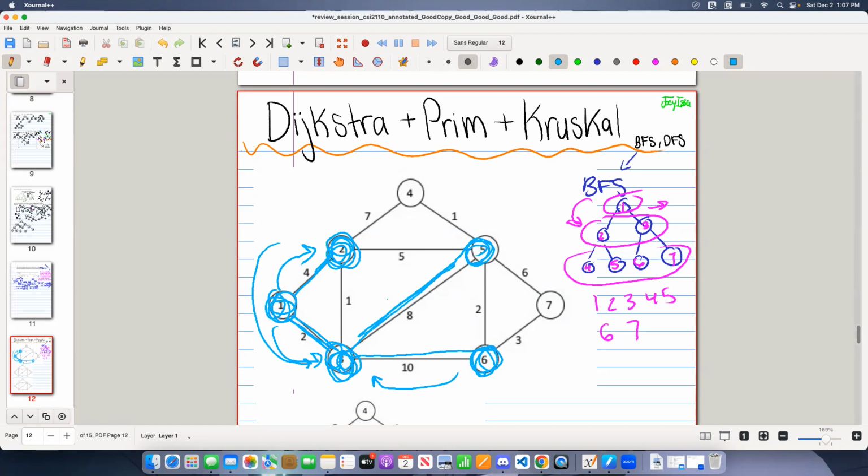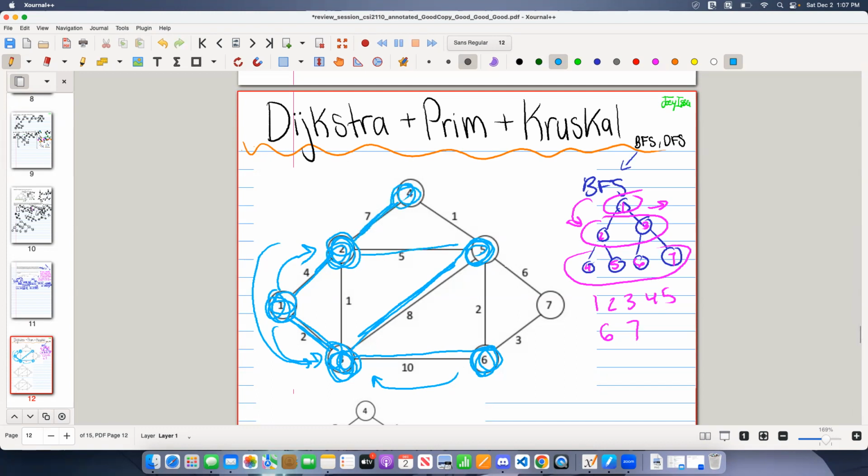Perfect. Okay. Can 3 claim any more nodes and not make a cycle? We would think okay, 3 can go here. No, because that would create a cycle. So now we go back to the very start. We go back to 2. Can 2 get any nodes and not make a cycle? Yes. 2 can get 7.